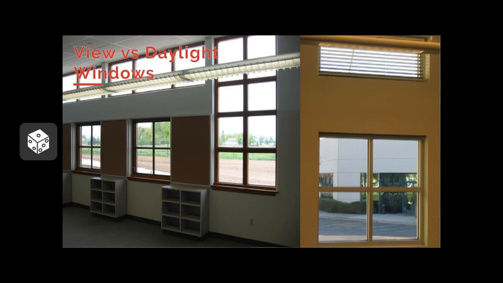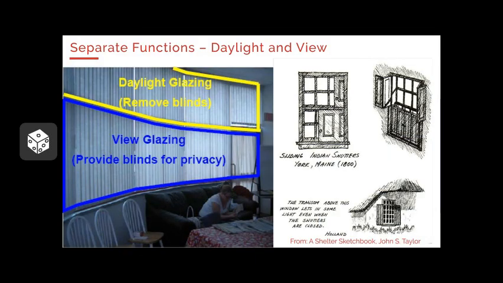The view windows we're going to treat differently because that's where we want people to be looking out, but the view windows also may present the greatest glare potential. We're going to look at these separately, and I just love that way back in history, view windows and daylight windows were even shuttered differently. This is a concept that has been around since the beginning of architecture.